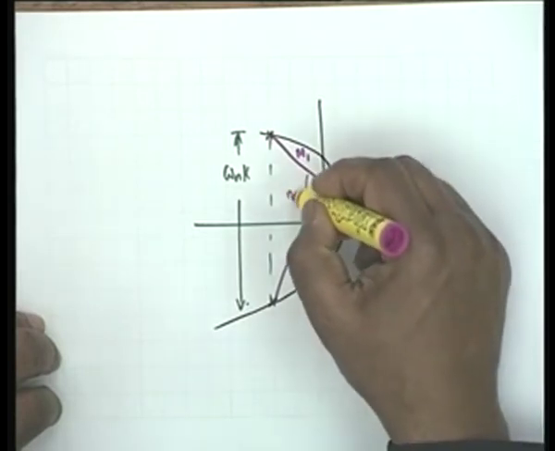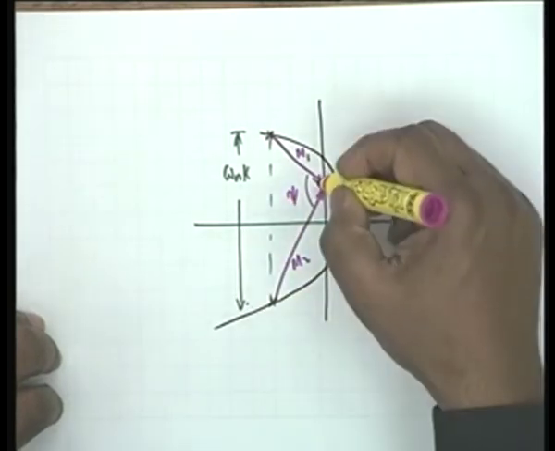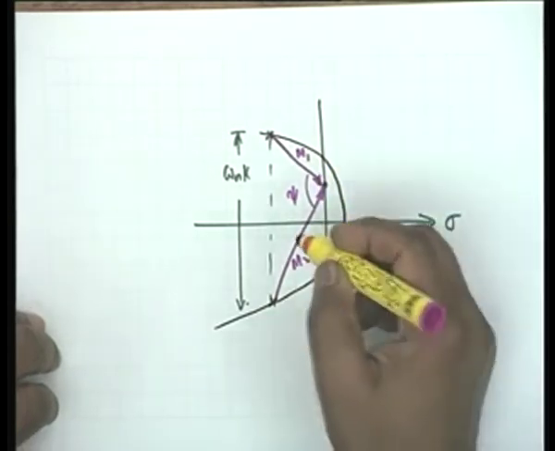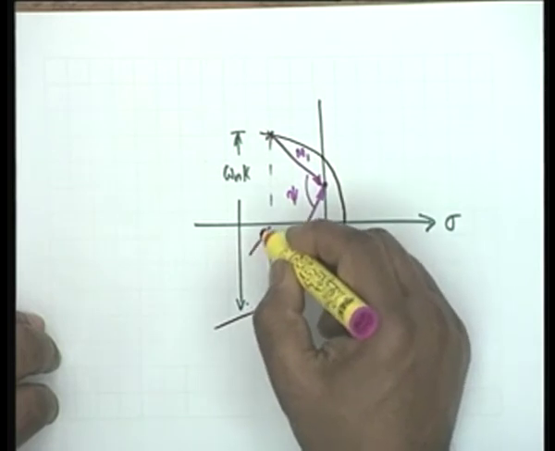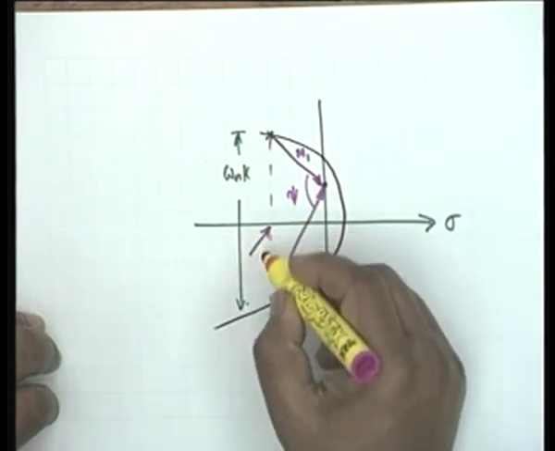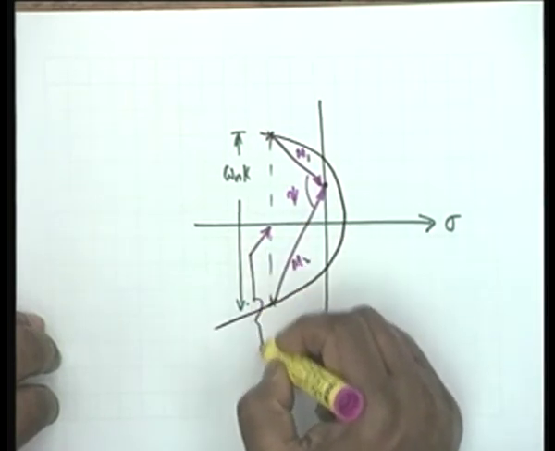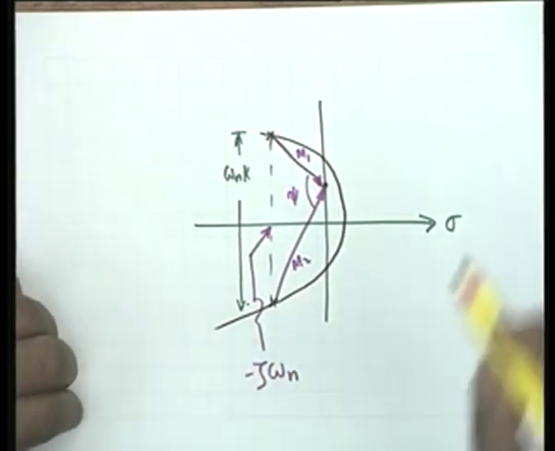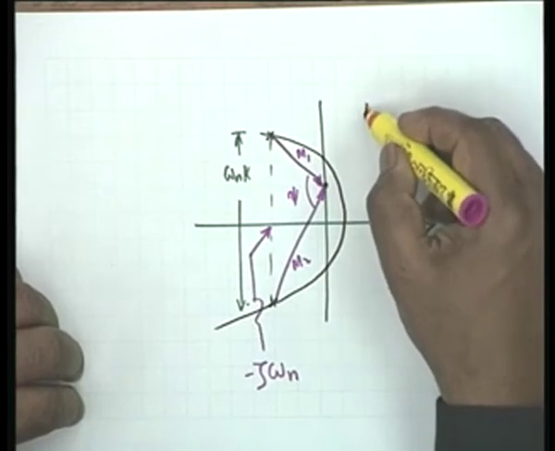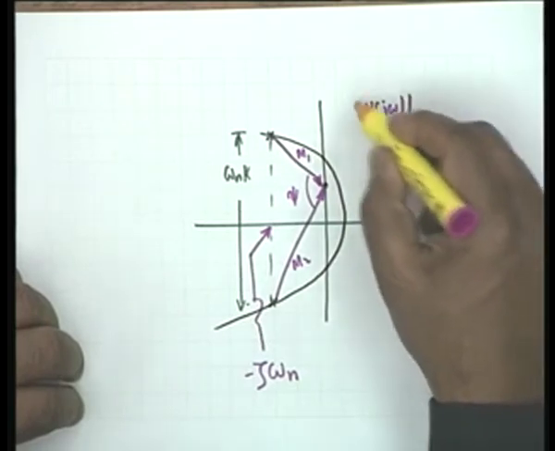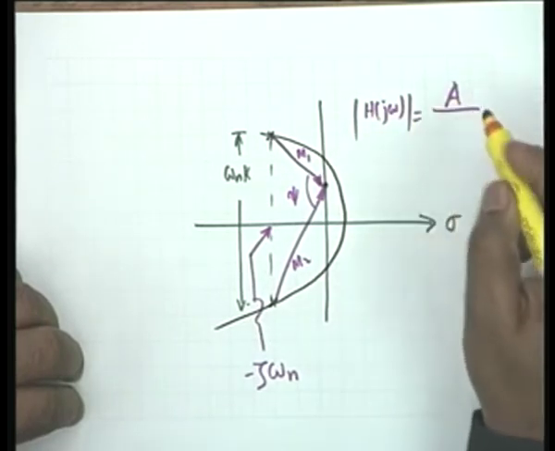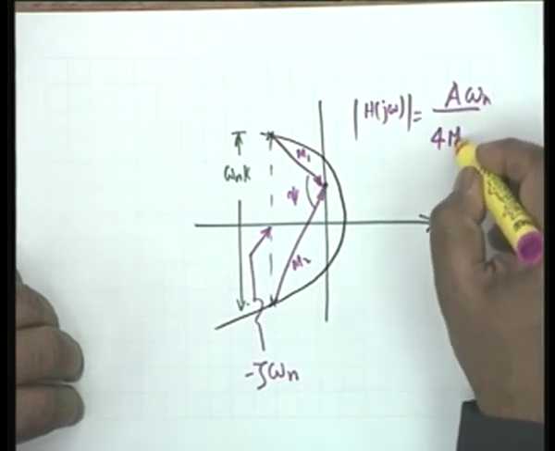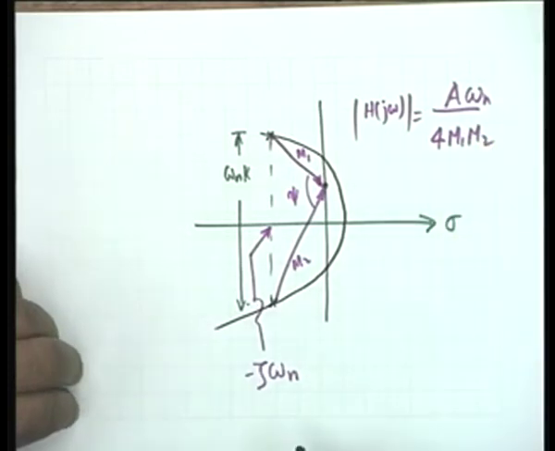The angle included here is psi, and this point is minus zeta omega n. All right, and we have already seen that the magnitude of H of j omega is equal to A omega n divided by 4 m1 m2.